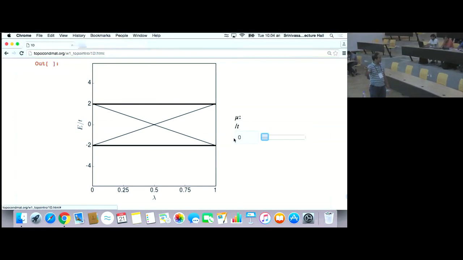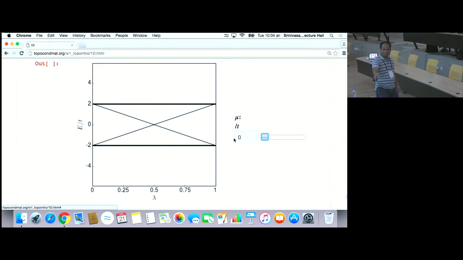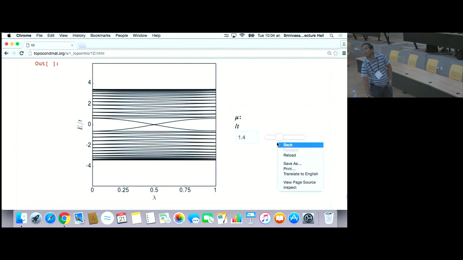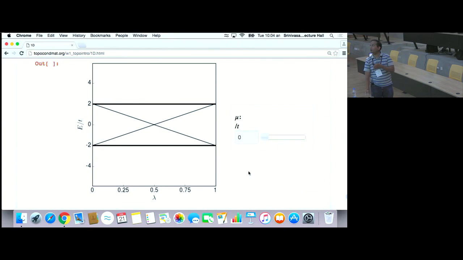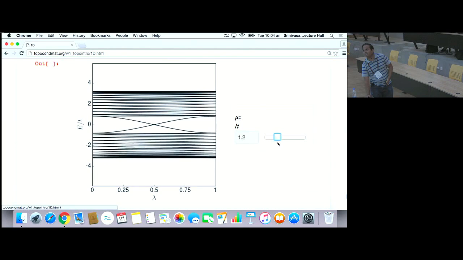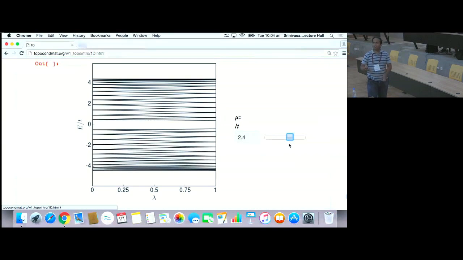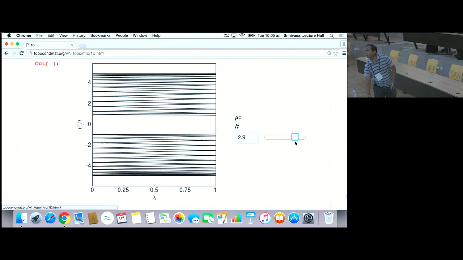As you cross from 0 to 1, they cross at 0 energy at half lambda. And as you change mu, this crossing is still there in the entire topological region. This region is all Q equals -1, so it's still all there. Then you go through the phase transition. Now Q is +1, the spectrum doesn't cross anymore at 0. So your Majorana is gone. So this is how this happens.